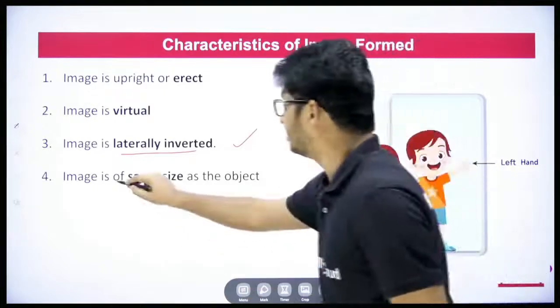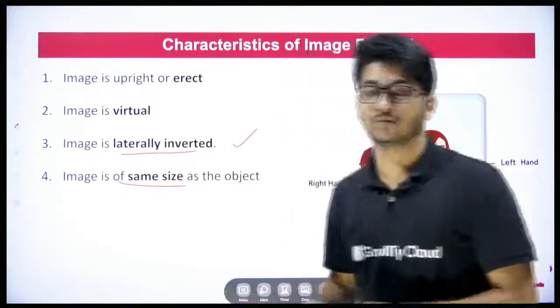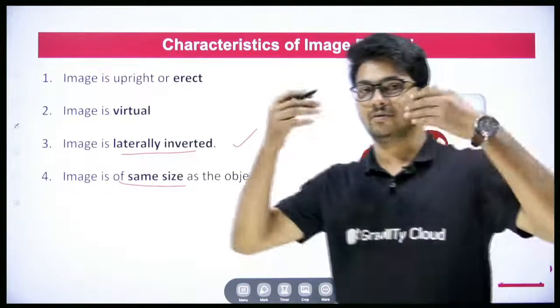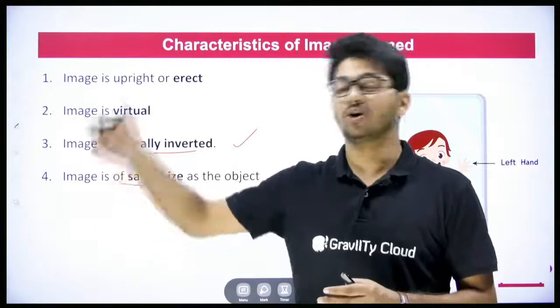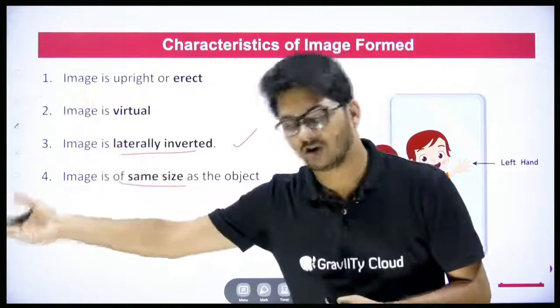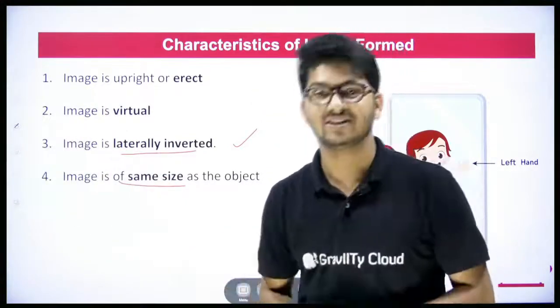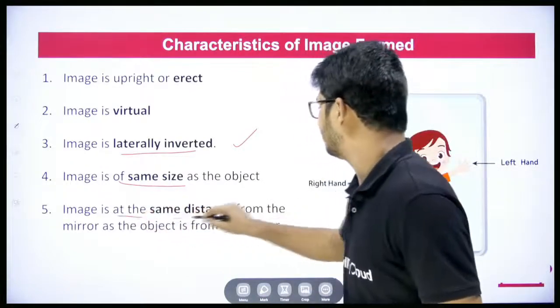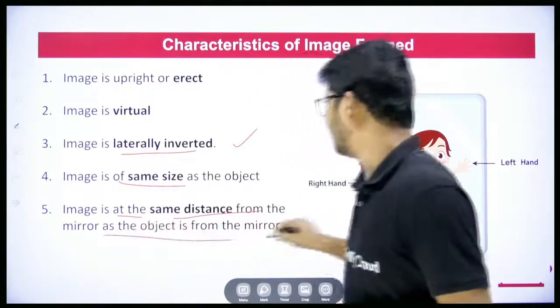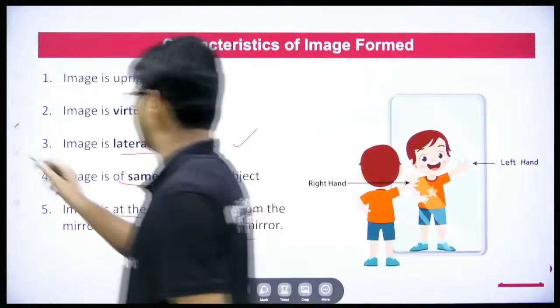Then, the image is of the same size as the object. If the height of the object is, let's say, 100 centimeters, the height of the image will also be 100 centimeters. Then, the image is at the same distance from the mirror as the object is from the mirror.